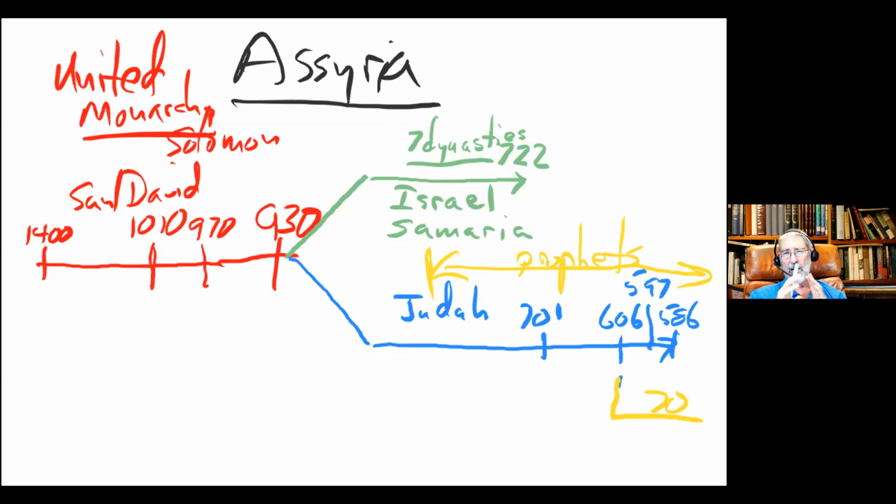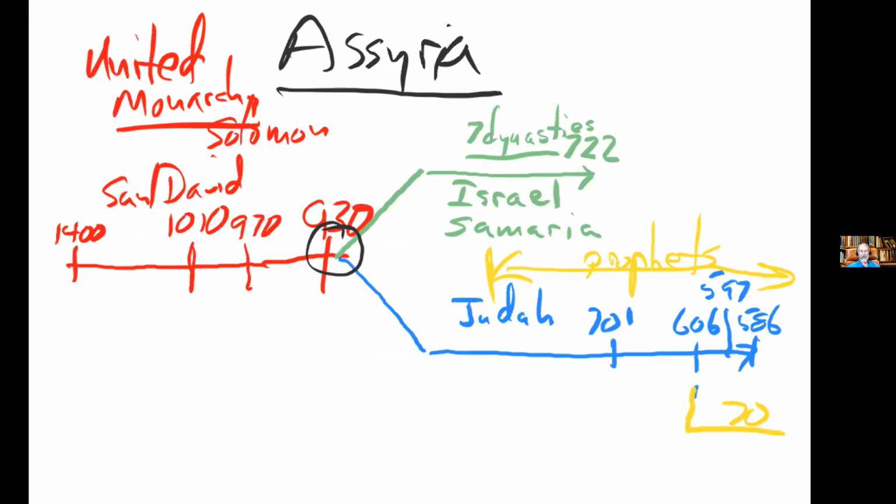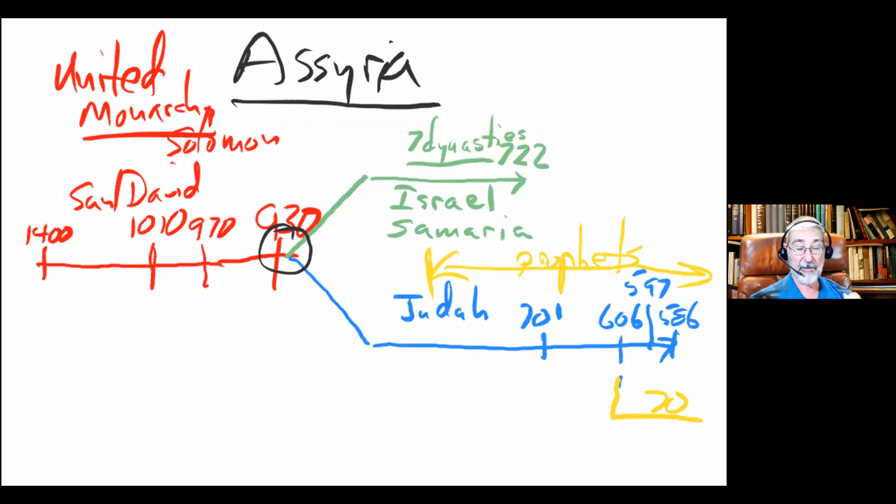By the time of the division of the kingdom here, Assyria was getting to be a fairly important northern power. By the early 800s BC, we see Assyrian kings of various sorts running up and down the coast, causing trouble for the people of Israel and other nations in the vicinity.